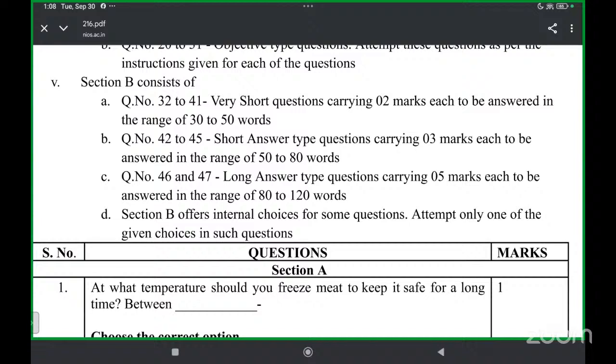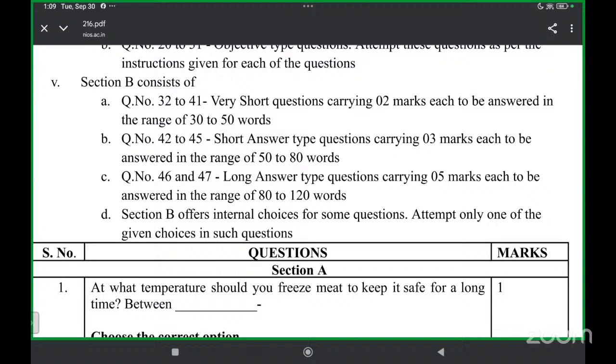Today you can do an activity. Open any random paragraph from your notebook and count the words. Sit and count up to 120, and then check how much portion you are able to cover. That much is what you have to write in your long answers. Same thing you can do with short answers.